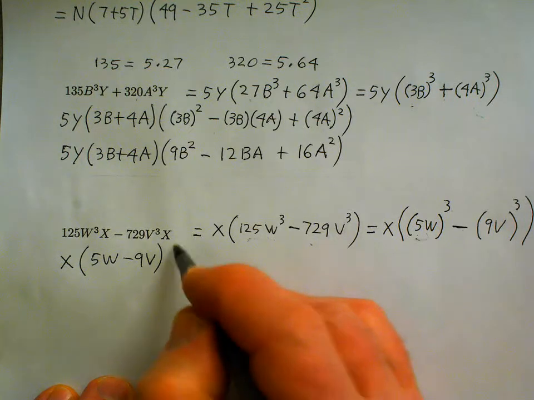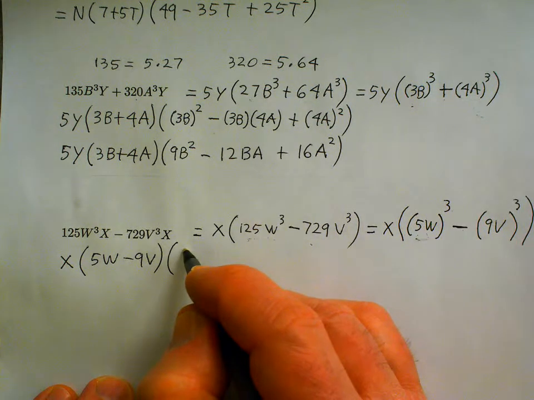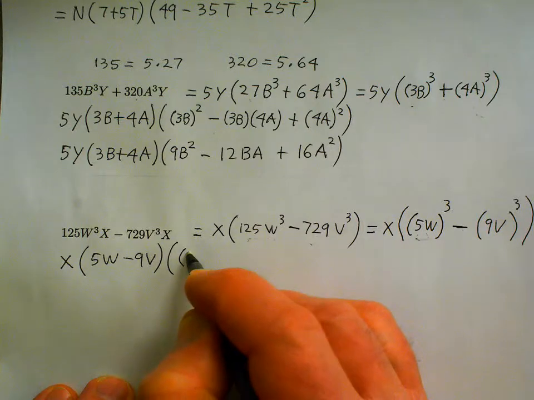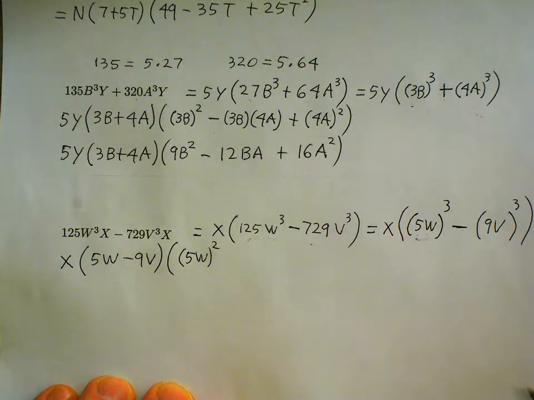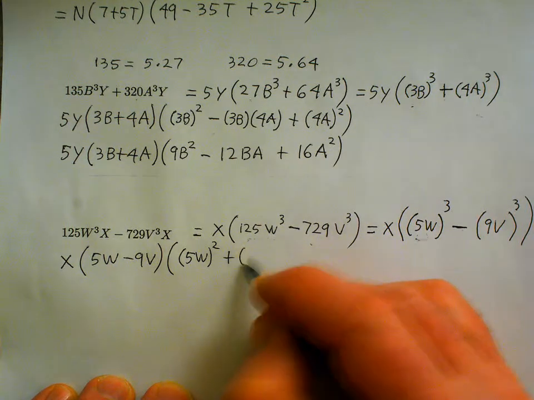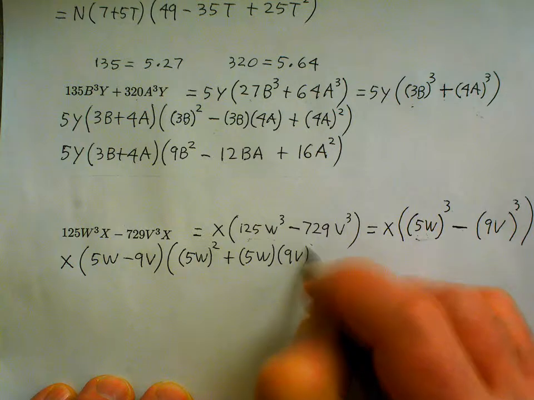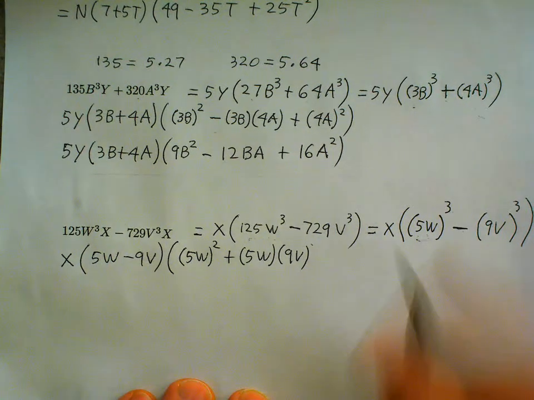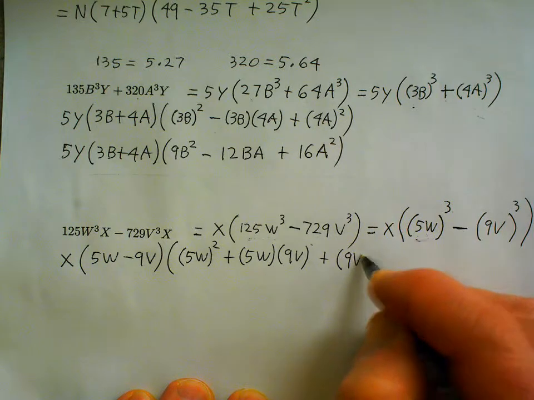And then in the trinomial, the first term is what we get when we raise the term 5w to the second. And then we're going to add 5w times 9v. And then we're going to add what we get when we raise the term 9v to the second.